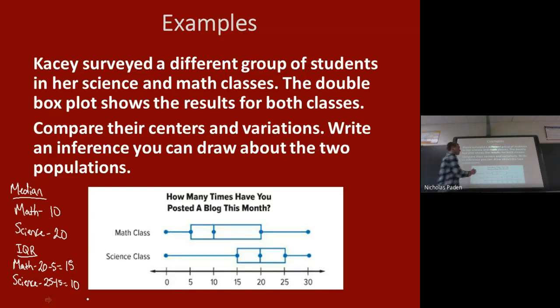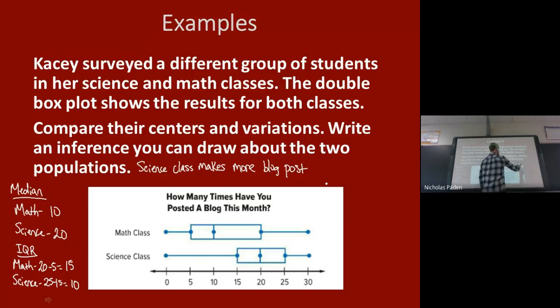So an inference we could draw would be science class makes more blog posts. The reason why I say that is because most of their numbers are from 15 to 25. Most of math numbers are between 5 and 20. And so math does not make as many blog posts as science does.